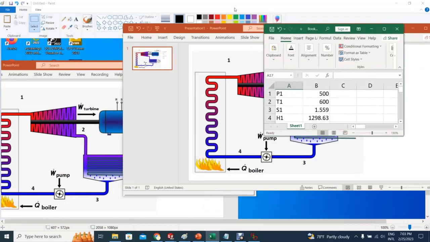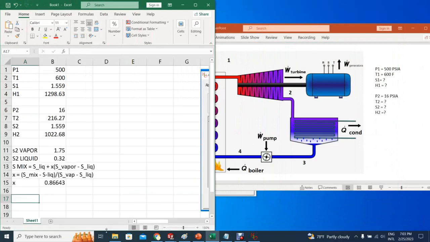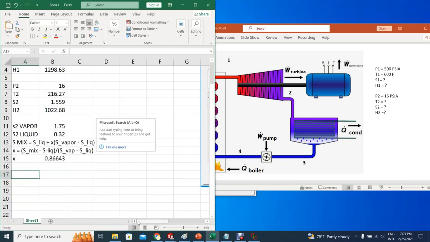So we need to do an energy balance around here. What we'll have is a flow. Let's call it m dot, the mass flow, whatever it is. It's hard in Excel to write the dot above the m, but it's mass flow times the enthalpy of that line.